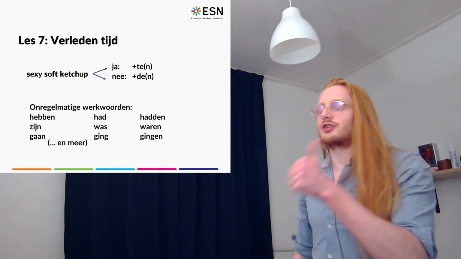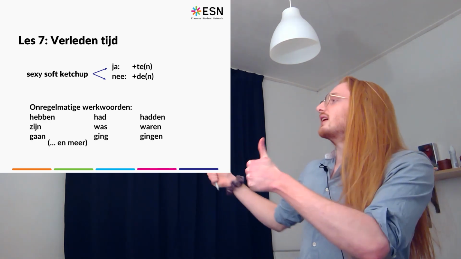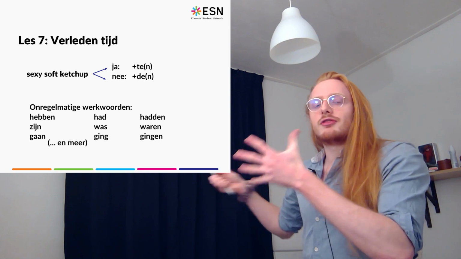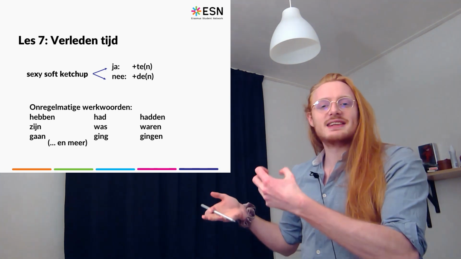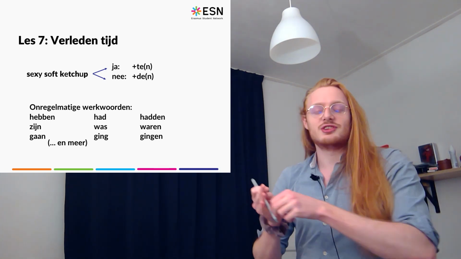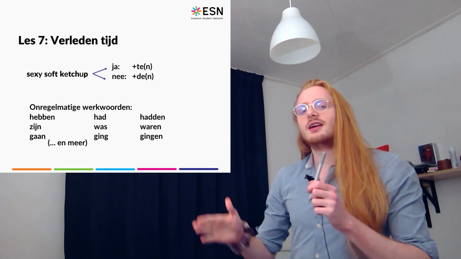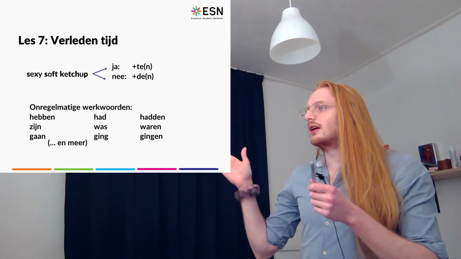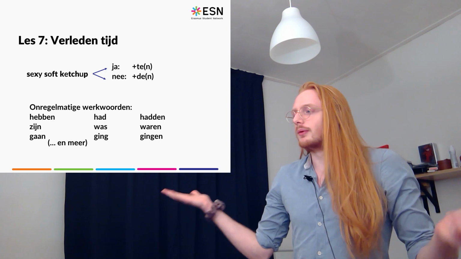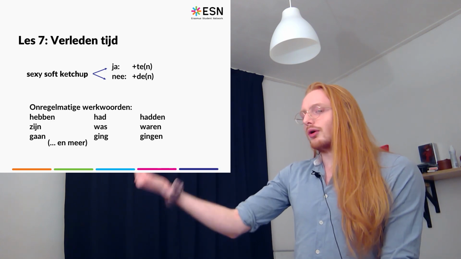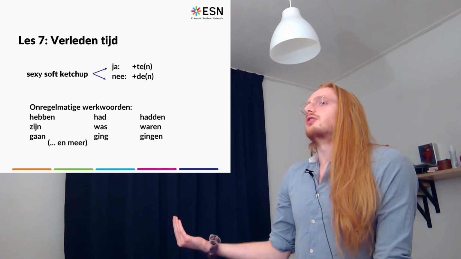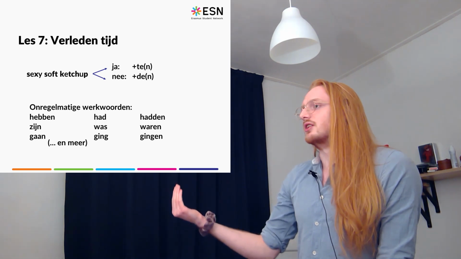So Z is not in 't kofschip, so we add den, but the stem of reizen is reis with an S. So now the past simple of reizen is reisde, which kind of defeats the point of the rule. So we get an unvoiced consonant S and then a voiced consonant D, reisde.